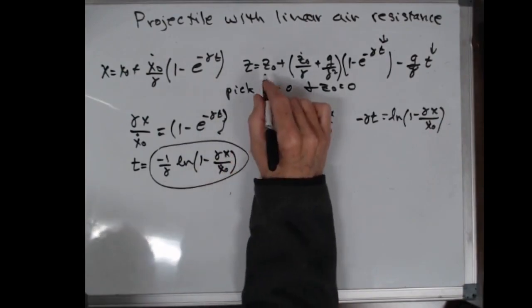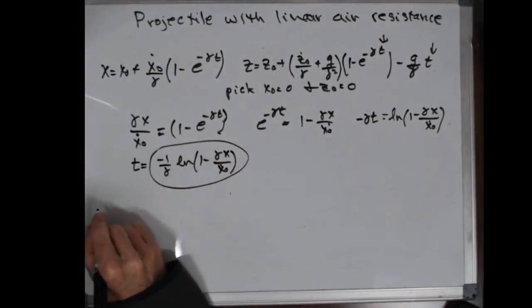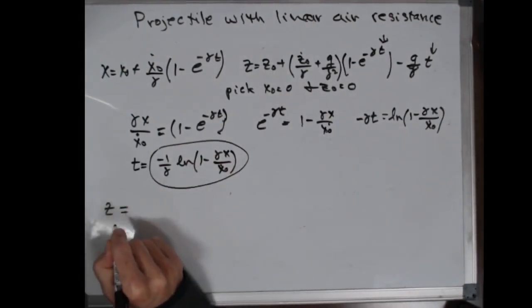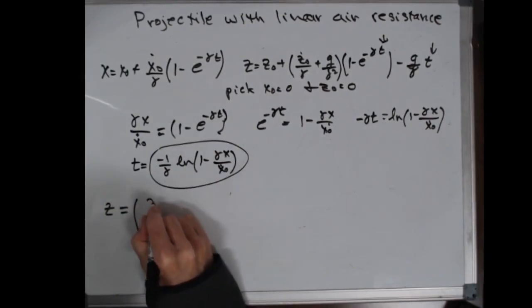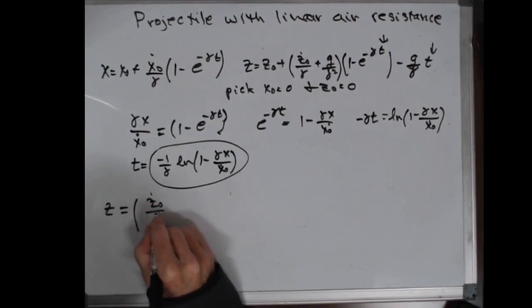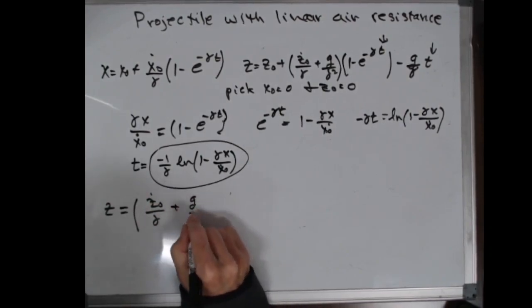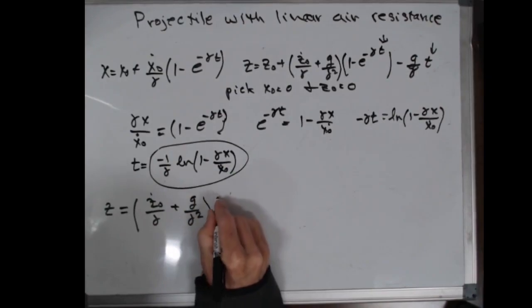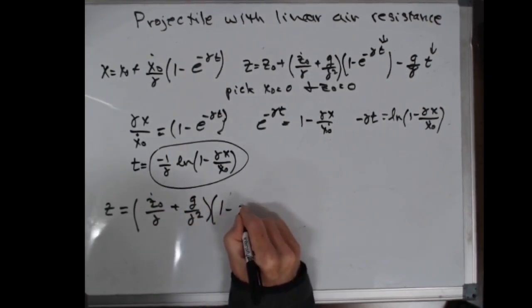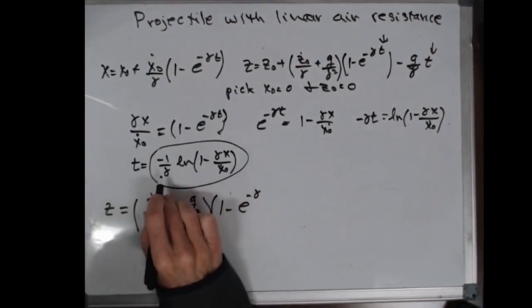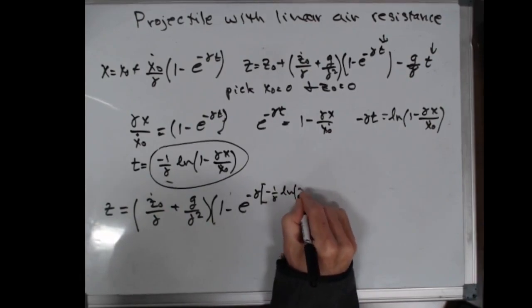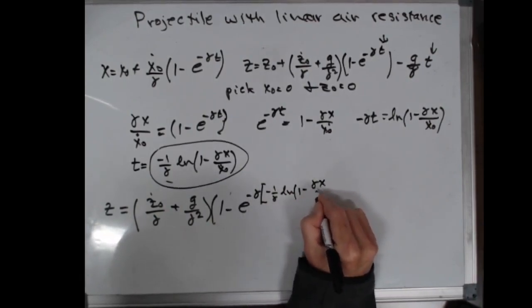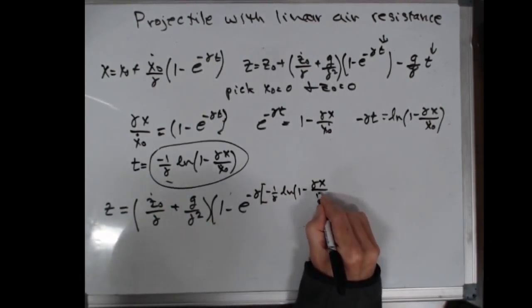And so I'm going to write that out. Again, I'm going to pick z naught equal to 0, so this is going to give me z is equal to z naught dot over gamma plus g over gamma squared times 1 minus e to the minus gamma times this thing, minus 1 over gamma log of 1 minus gamma x over x naught dot.